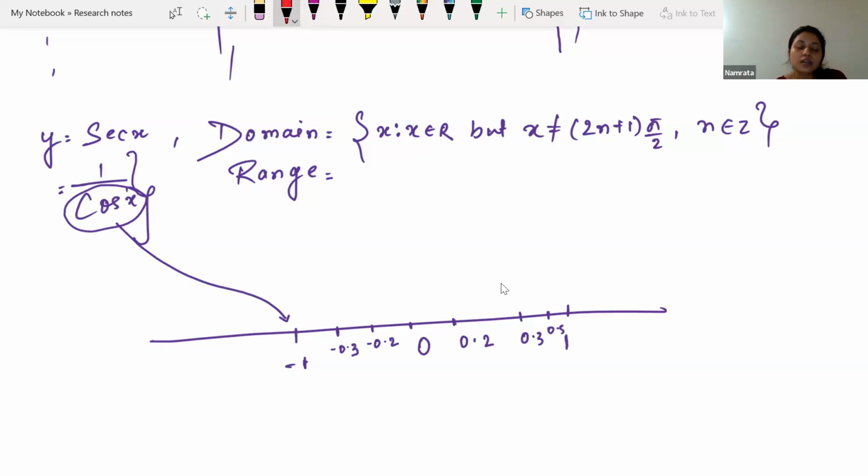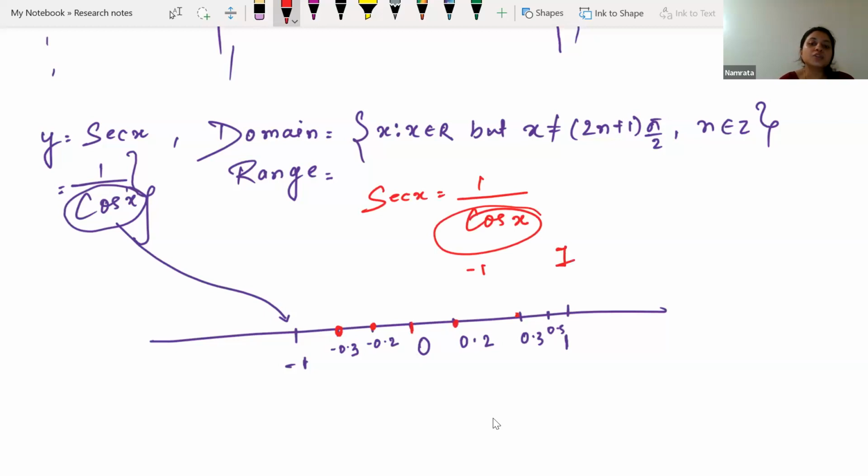Let me open the calculator and show you the calculation. sec x का मतलब होता है 1/cos x और cos x का वैल्यू -1 से 1 के बीच में होता है। इसका आउटपुट क्या होगा? sec x का आउटपुट क्या होगा? That we are going to see.